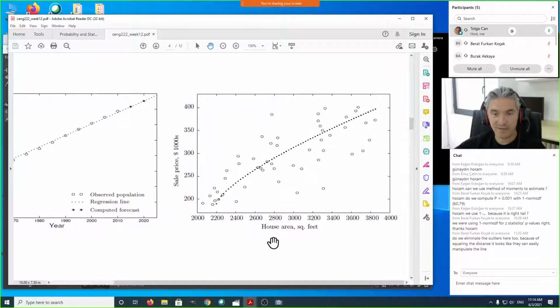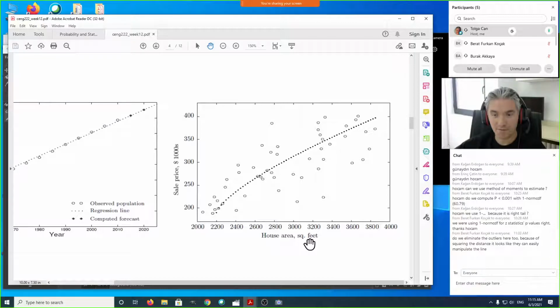And if you look at the house area in square feet with respect to sale prices in $1,000, we see all the training data is all over the place. We can still try to fit a line here, but the general trend of these training points may look more like a non-linear function like this, and therefore you may choose to use a non-linear regression to do this model.